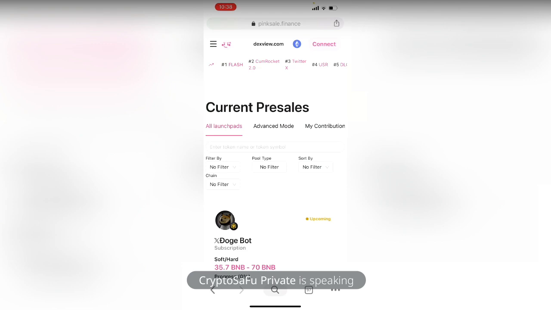On the other side we have the ICO. We have the IDO, initial DEX offering, and we have the ICO, which is the one for the centralized exchange. So on the decentralized exchange we have the IDO, and on the centralized exchange we have the ICO, initial coin offering.